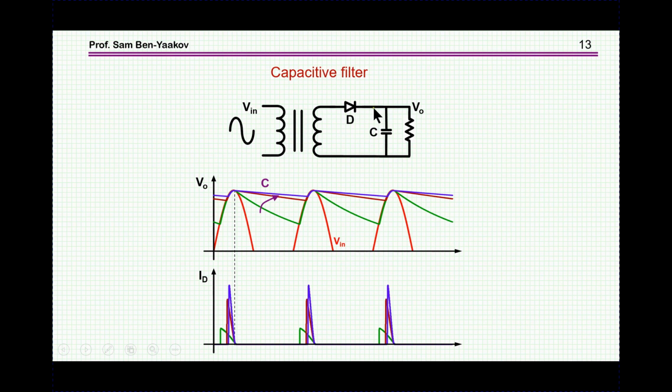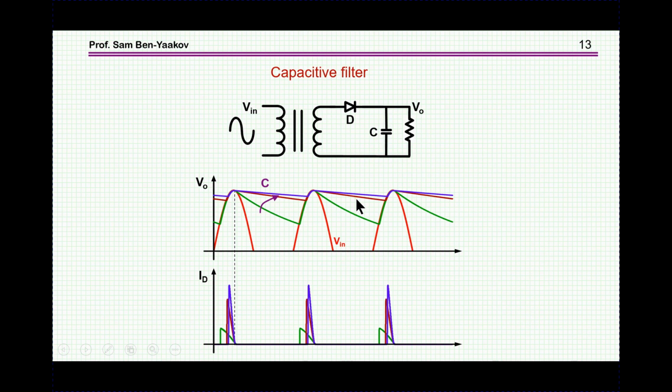And then we rectify the AC to the capacitor. What happens here is that the capacitor is being charged, and as the voltage tends to be larger than the capacitor, then there will be current. If the positive voltage is lower than the voltage across the capacitor, there will be no current.